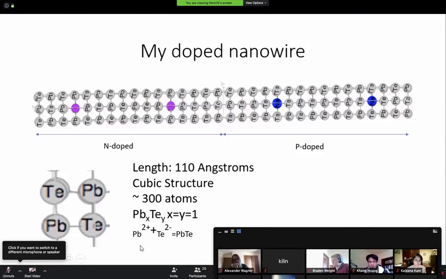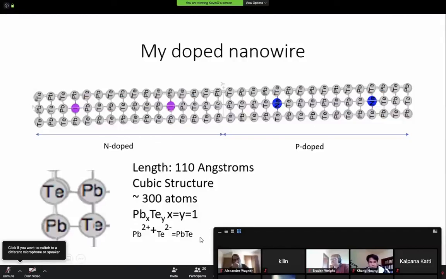If you look at this chemical equation right here at the bottom, lead has two extra electrons in its outer shell. Telluride needs two extra electrons to complete its outer shell. So lead donates its two extra electrons to telluride, and together they form a compound.